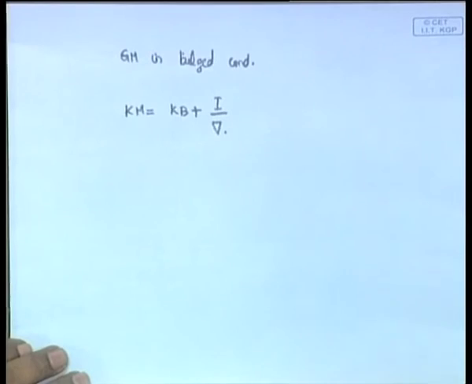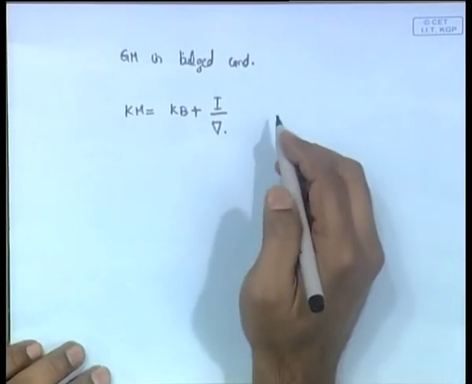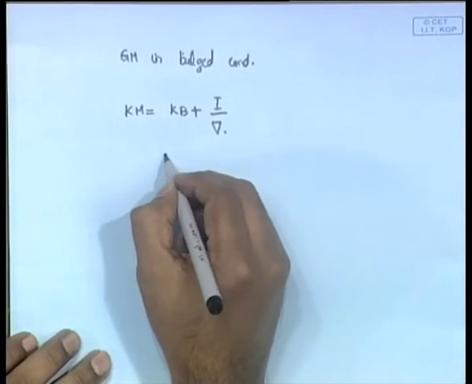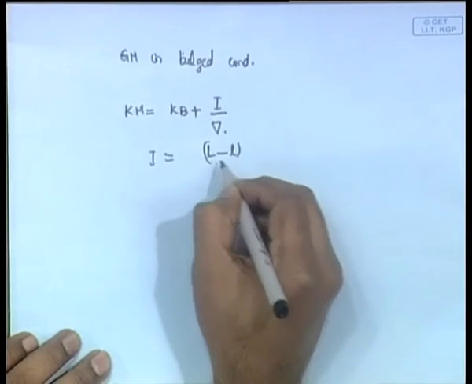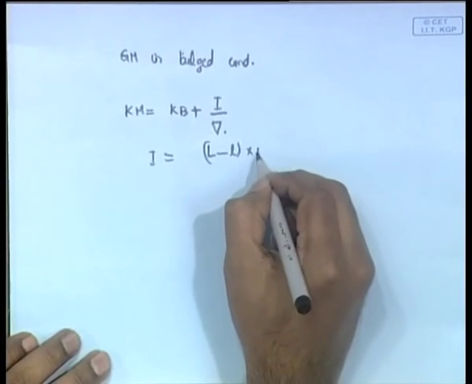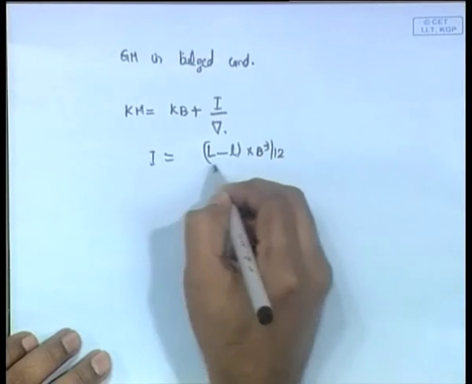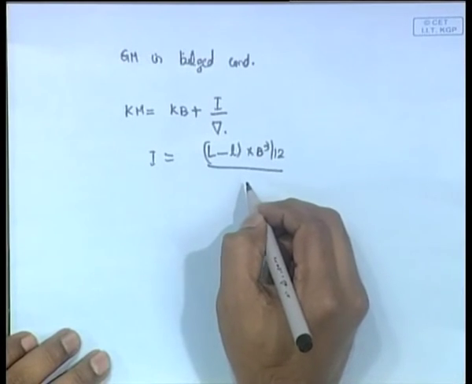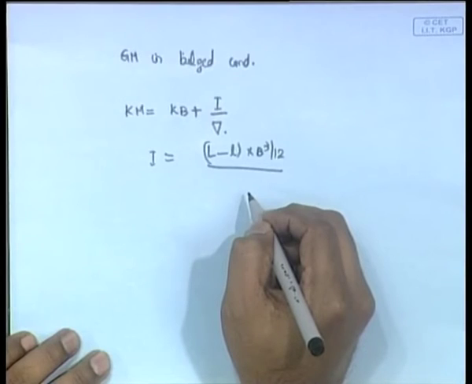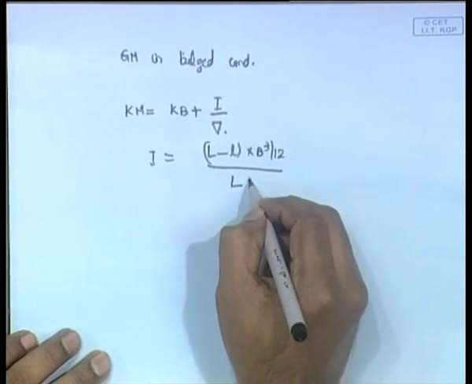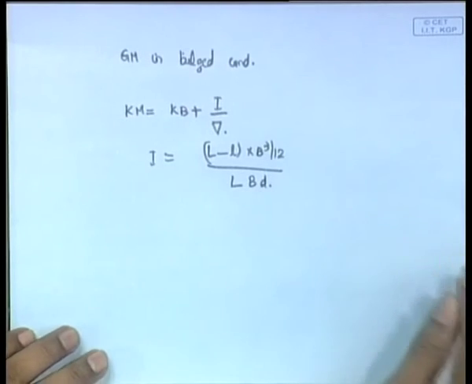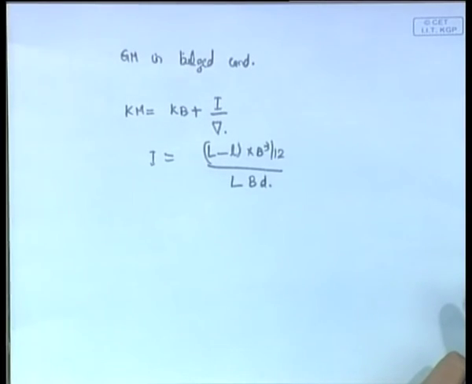Well, they have followed the method of loss of buoyancy. So if we follow the method of loss of buoyancy, Km is equal to Kb plus I by del, where I becomes (L minus l) into B cube by 12, divided by volume, which is L into B into D.